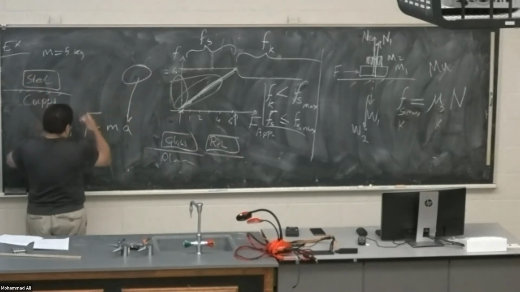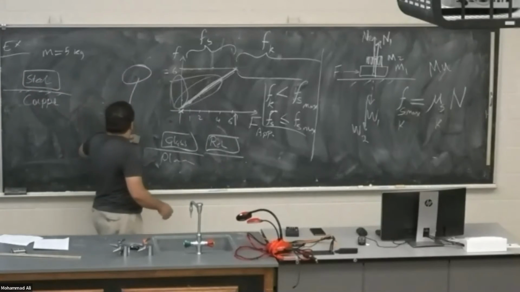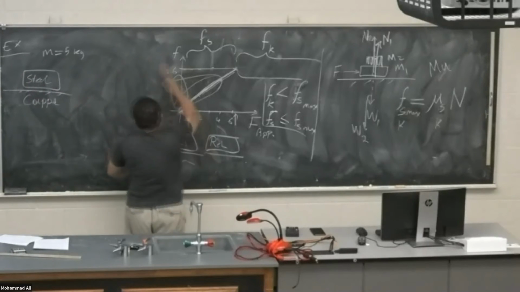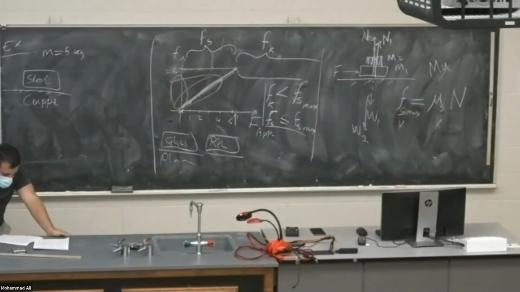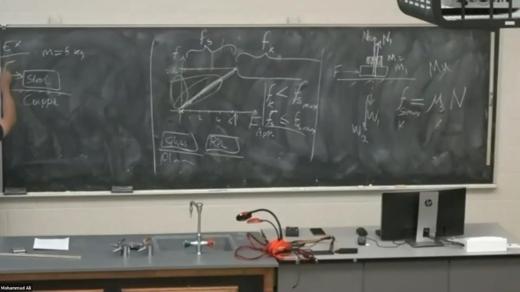Okay, now we are dealing with the mass. Yesterday I talked about the mass. We have a force. What is the least applied force to make the object start moving? If I apply the force F to the right, then the frictional force is to the left.